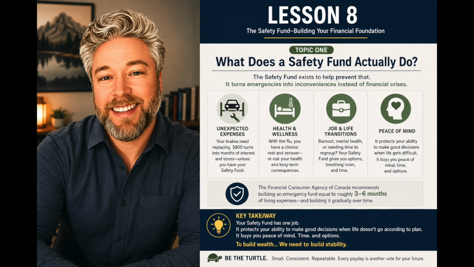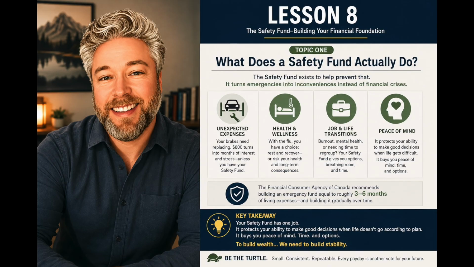For many people, the answer is a credit card. Maybe it's a line of credit. Maybe it's borrowing money from their family. Maybe it's putting the repair off and driving the car less, hoping that it doesn't get worse. Now, what started as an $800 repair slowly becomes months of minimum payments and interest if you put it on a card.